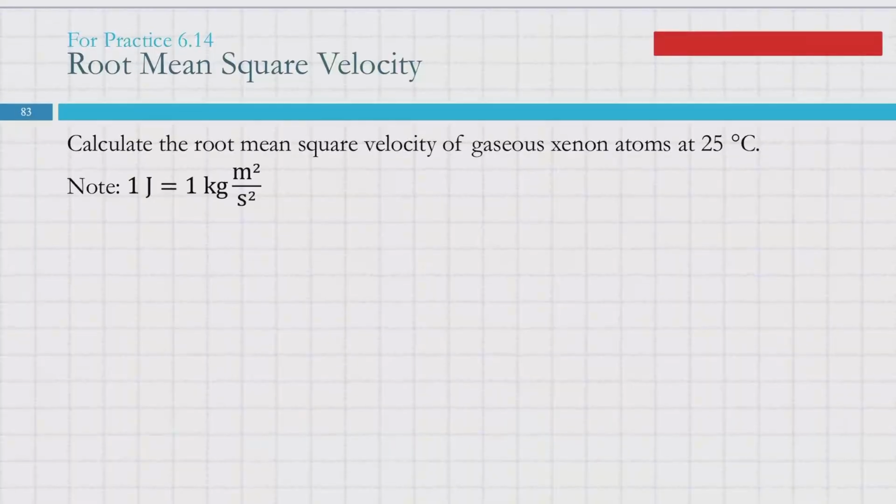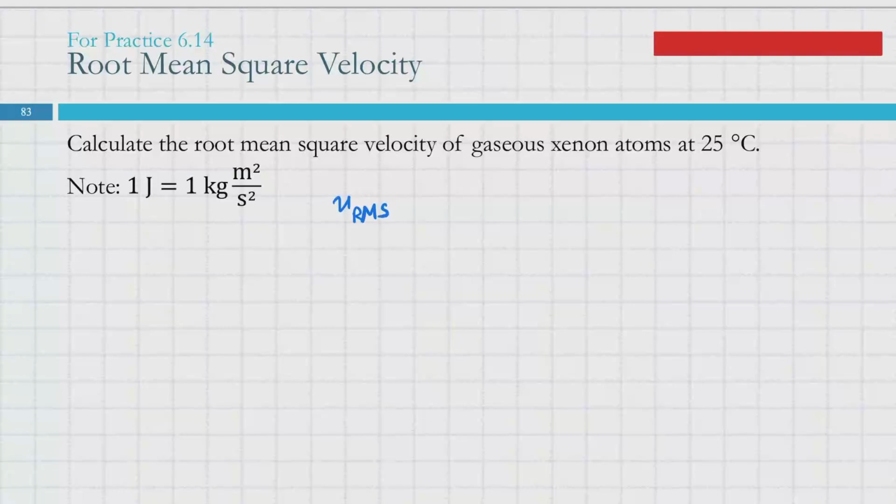Okay, root mean squared velocity. Calculate the root mean squared velocity of gaseous xenon atoms at 25 degrees Celsius. We would need to know what our root mean square velocity is.